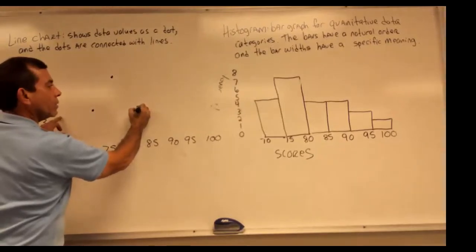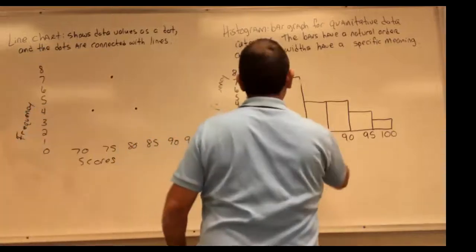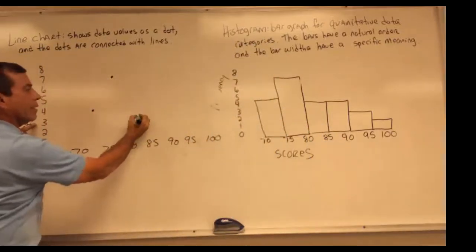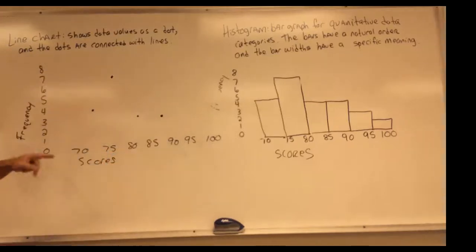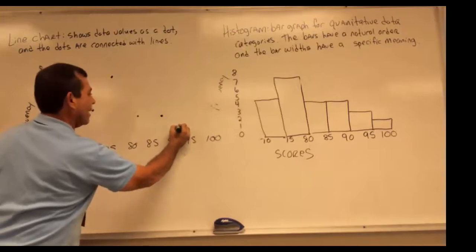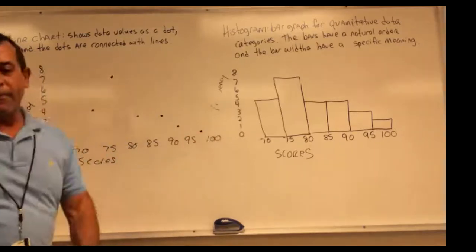Was that a 4 also? Yeah. Oh, hold on, these might have been 3s. Yeah, so I'm gonna move that down to a 3. This one was a 3. Then between 90 and 95 was a 2. And then between 95 and 100 was a 1.